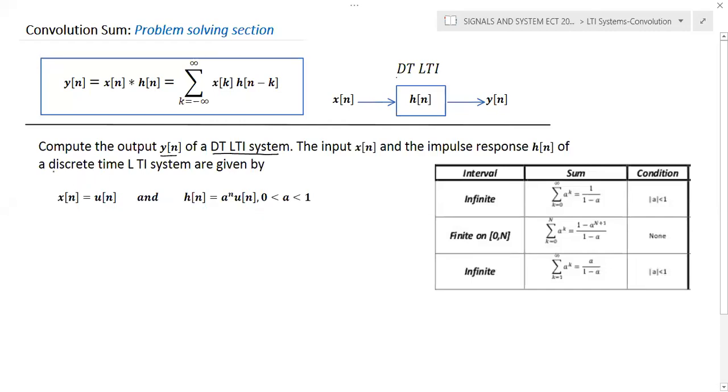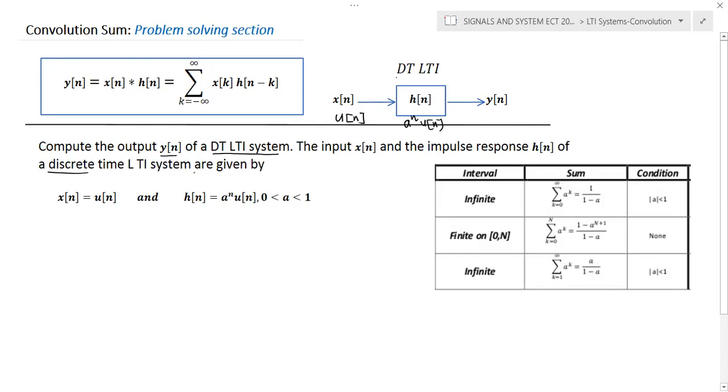The x of n is given by u of n, so the input is u of n, and the impulse response of the system is a raised to n into u of n. We need to find y of n.